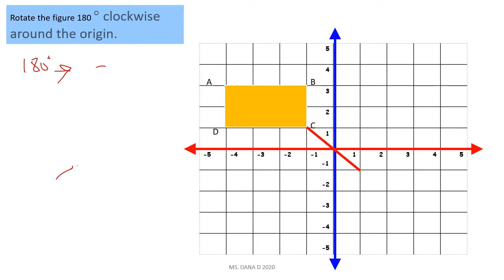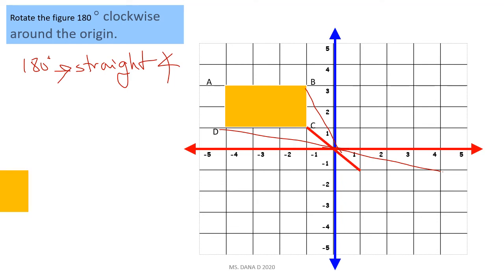This is what I need to take into consideration when I'm talking about 180 degrees. So this is an easy one. You draw a straight line through the origin with the same distance, and you will get your result for the rectangle A prime, B prime, C prime, D prime.